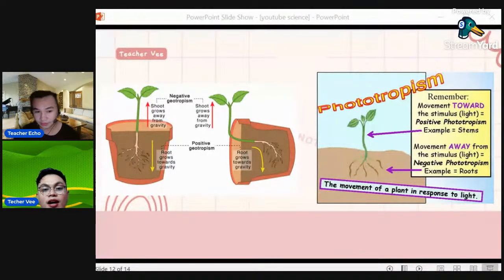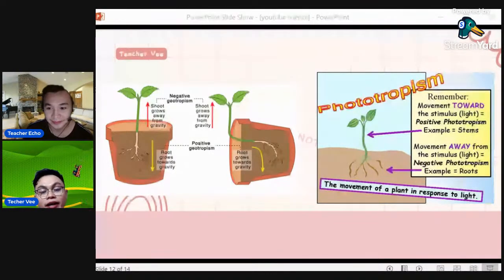Okay, next po, meron naman tayong tinatawag dito na geotropism. Geo means earth. So, meron din tayong tinatawag na negative tsaka positive geotropism. Geotropism, mga katriyo, that's the growth of the parts of the plants with respect to the force of gravity of the earth, because geo means earth.